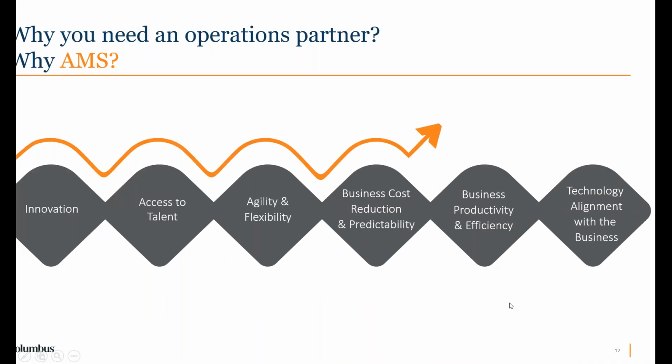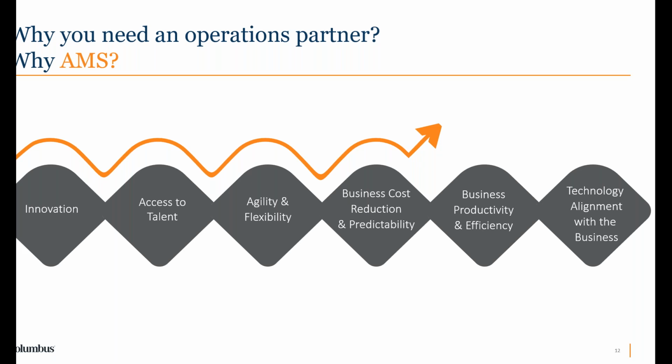So why would you need an AMS or an operations partner? Really, the things you see on the screen, they all depend on your situation, but the one that we see over and over again is access to skill and talent, because the application's grown so wide and your staff has a certain amount of skills, and you have the appetite to use the application more.